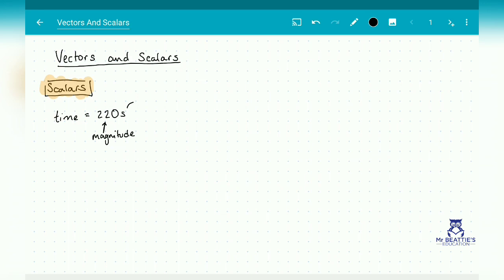Obviously we have to have a unit as well, but that is a fully described scalar. Which means that a scalar is a quantity fully described by its magnitude.